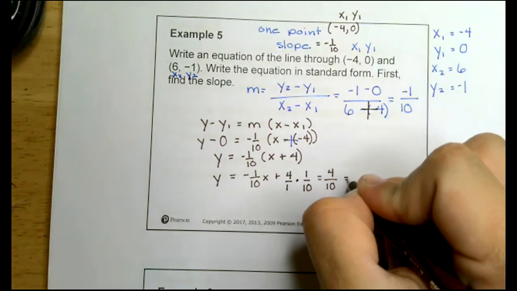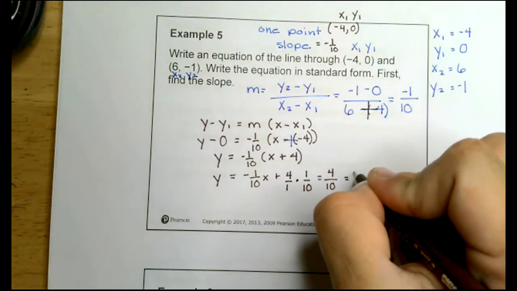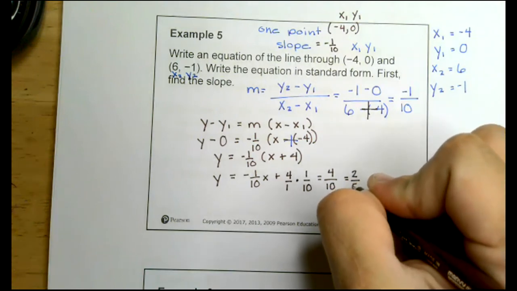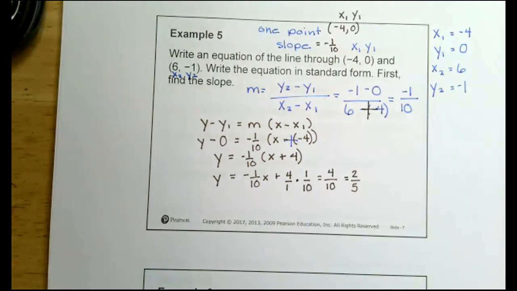Divide those both by 2. You get 2/5. Does that make sense?